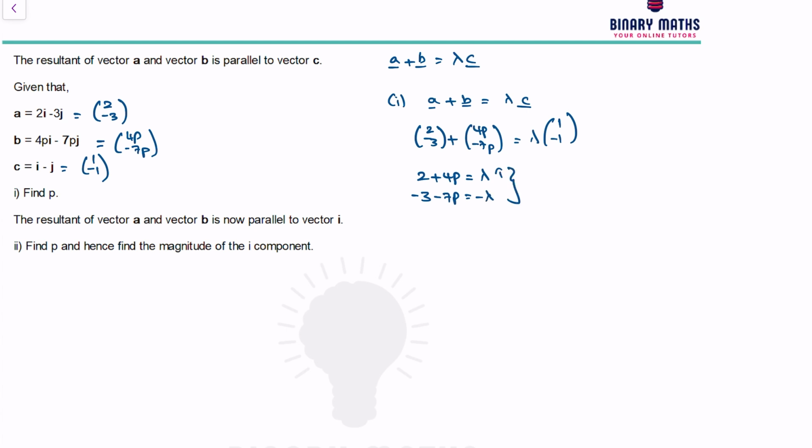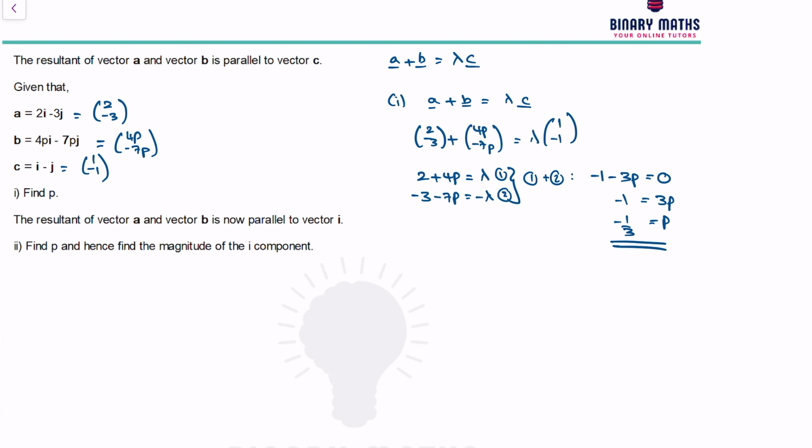If I call this equation 1 and equation 2, and I do 1 add 2, I eliminate lambda, so all I'm left with is minus 1 minus 3p is equal to 0, which means 3p is equal to minus 1, which means p is equal to minus a third.